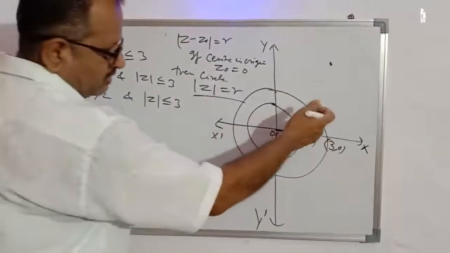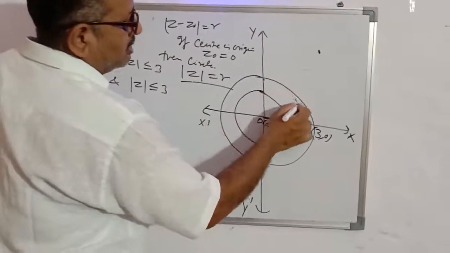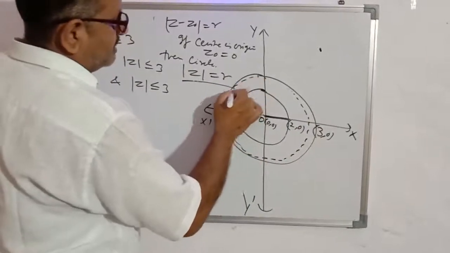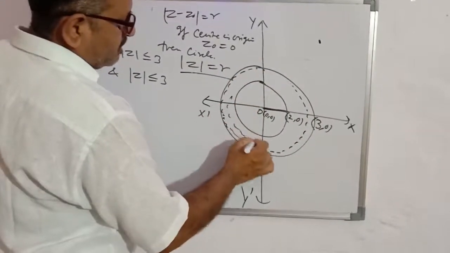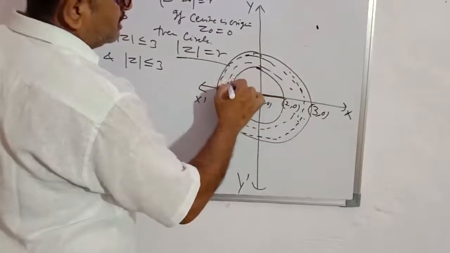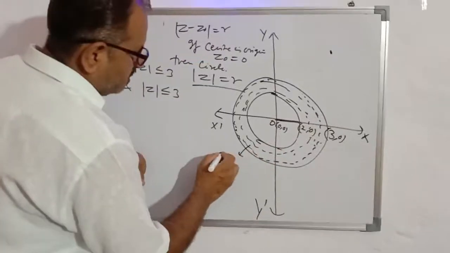So greater than 2 but less than 3. It means it represents all the points which lie in this region. This region is called a circular annulus.